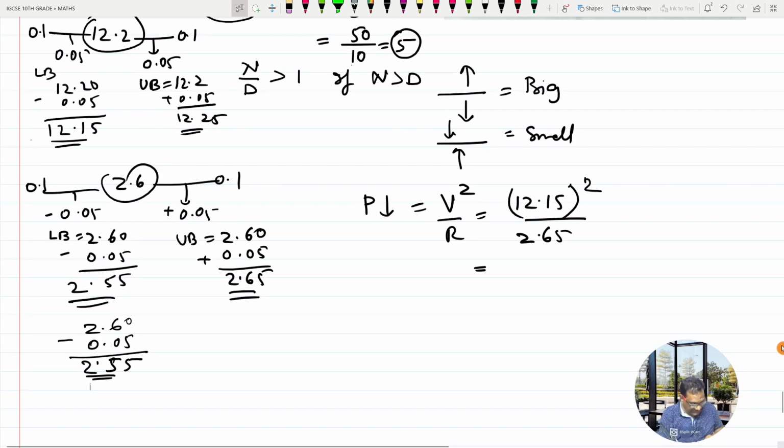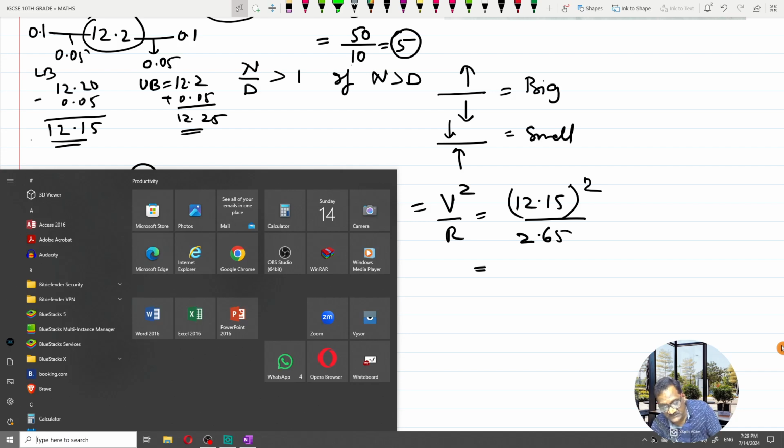I'll recalculate it. 12.15 squared divided by 2.65, right, is equal to... I'm not getting the answer. 55.7 you should get as the answer. Okay, 12.15 the whole square upon 2.65, right.